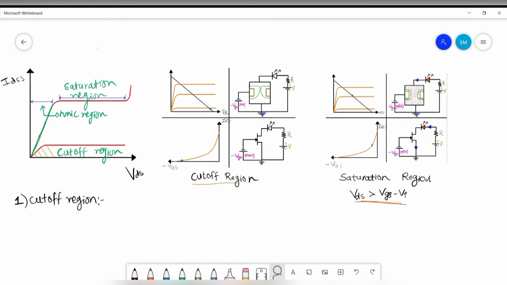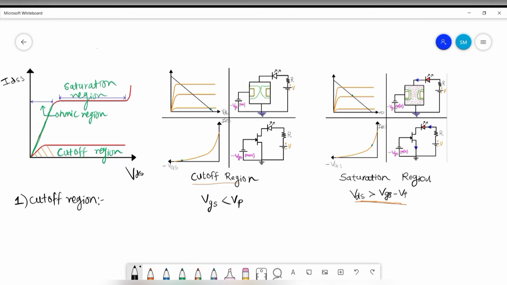As you can see over here, this is the cutoff region. The condition to keep the JFET in the cutoff region is that your VGS should be less than VP.